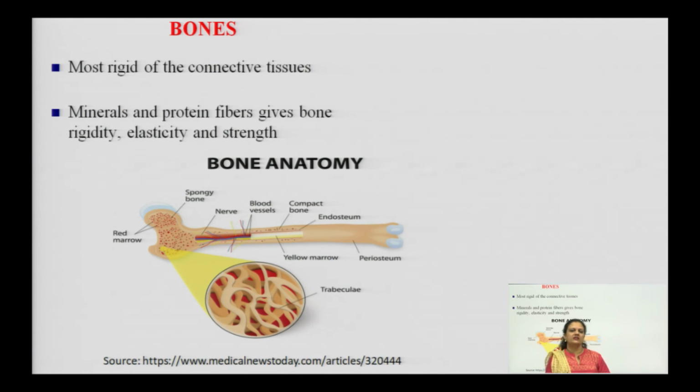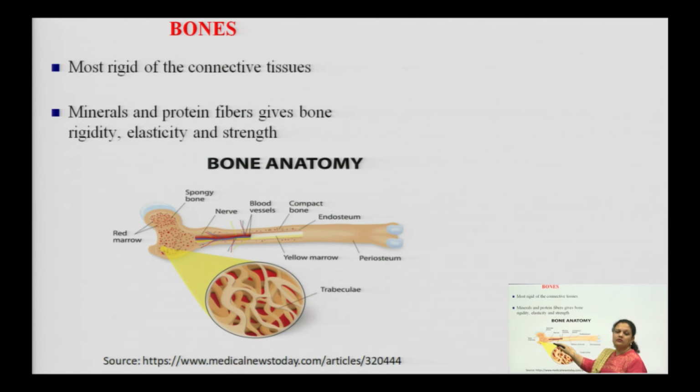The blood circulation, the blood vessel supplies are there, and this will provide the oxygen, nutrients, food, glucose, energy for conducting their functions properly. Now, coming to the bone anatomy, you will see a long bone. The red small droplets are nothing but the RBCs, or we can say red bone marrow.